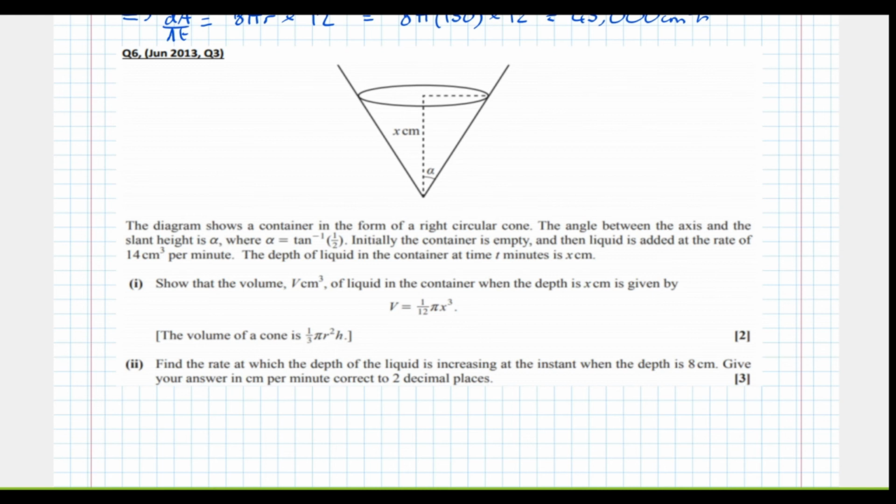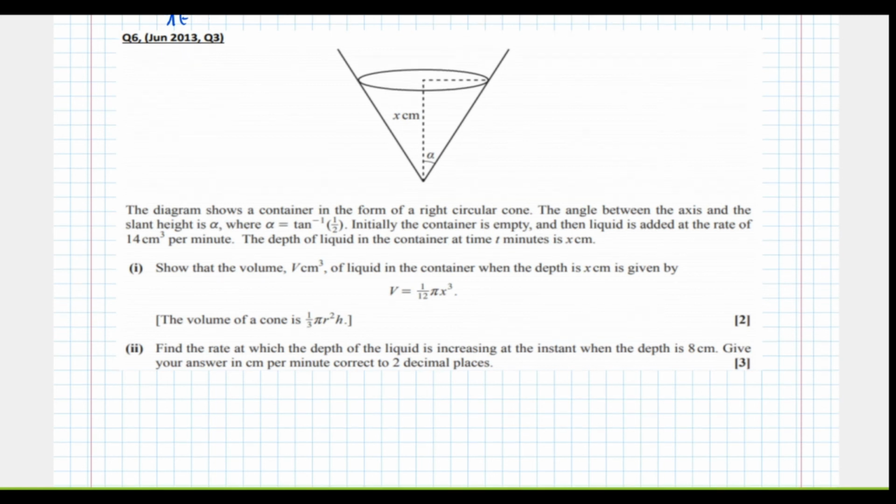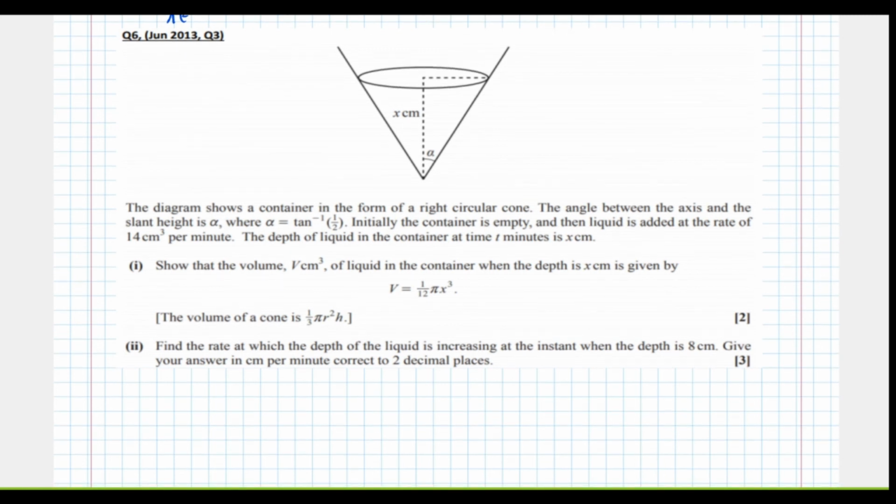The angle between the axis and the slant height is alpha, where alpha is arctan of a half. Initially the container is empty, and then liquid is added at the rate of 14 centimeters cubed per minute. The depth of the liquid in the container at time t is x centimeters. Show that the volume V centimeters cubed of liquid in the container when the depth is x centimeters is given by that.